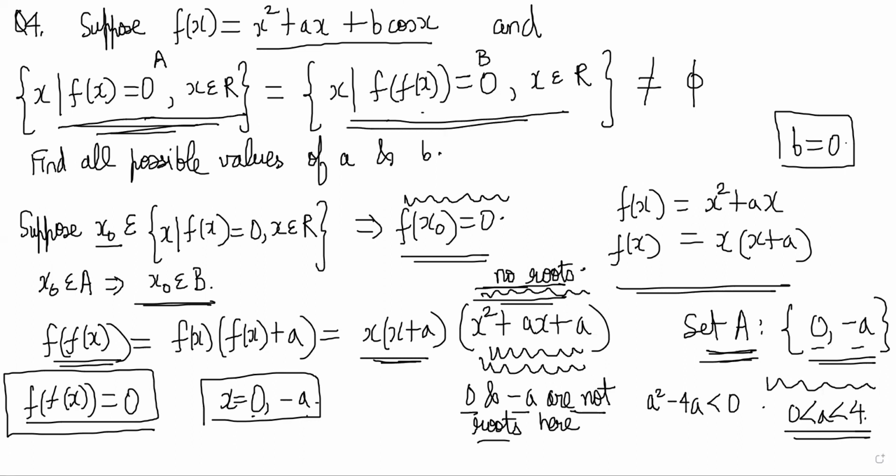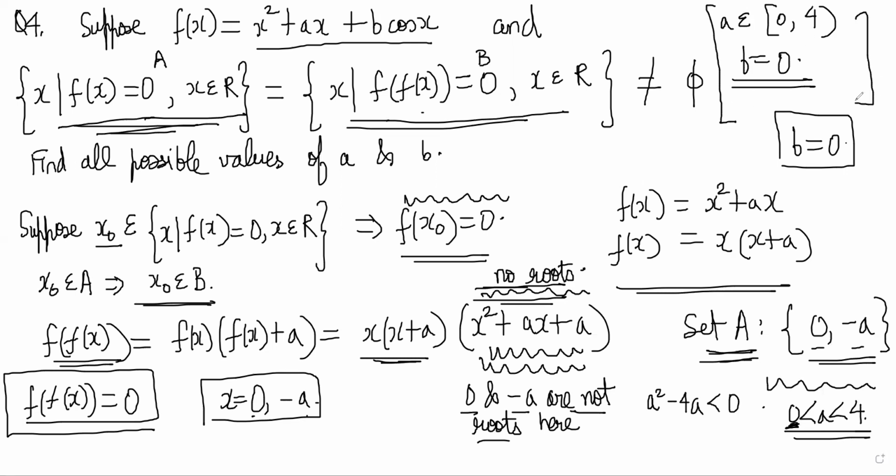If a is equal to 0, the function is simply x squared, and the only element in both the sets is 0, right? So we will say that 0 is possible here, 4 is not possible, and a belongs to basically 0 to 4, and b is equal to 0. These are the possible values of the two variables.